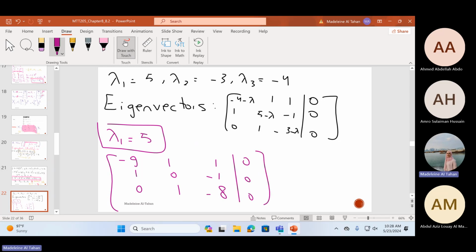Now look at this. Miss, it's better to avoid having fractions. We can put the one up. Interchange these two ones, it's easier. So the first step, try to interchange R1, R2, get the one up. It will be easier to deal with.